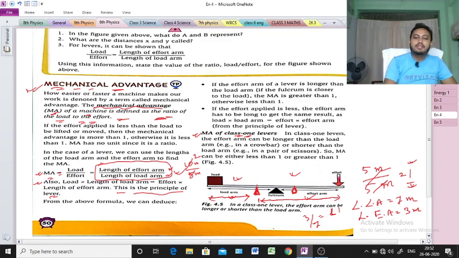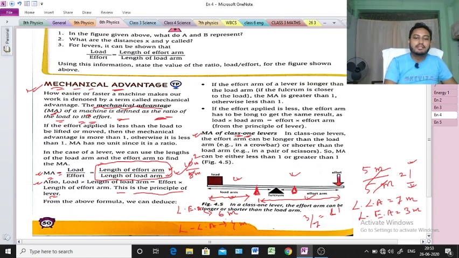Okay, let's say the length of the effort arm is 6 meter, and the length of the load arm is 4 meter.